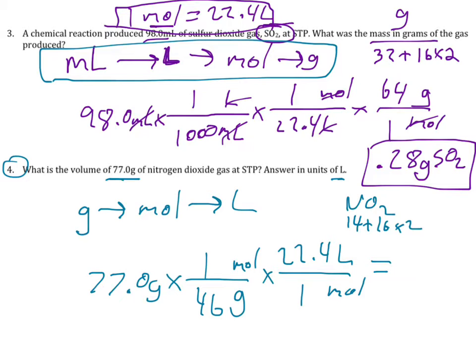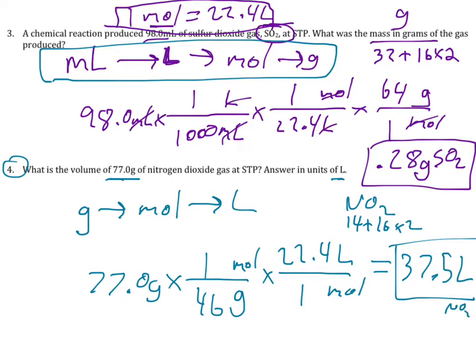And then all you gotta do is type that in your calculator, and you end up getting 37.5 liters, which is actually exactly 10 gallons. Yep, it's 10 gallons. And that's liters of NO2.